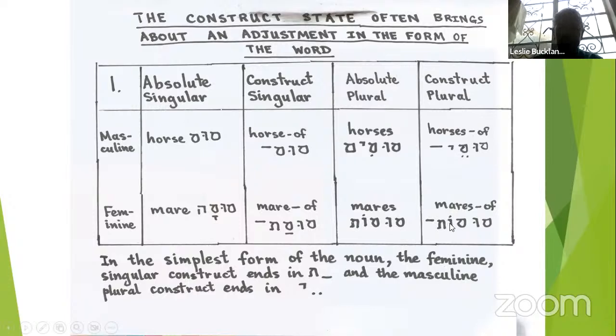And if you want to put it in the construct state, mares of or female horses of, you would have suso followed by the makef. So in the simplest form of the noun, the feminine singular construct ends in pathak thao or ath, and the masculine plural ends in a, as we see here, ends in a, long sire.